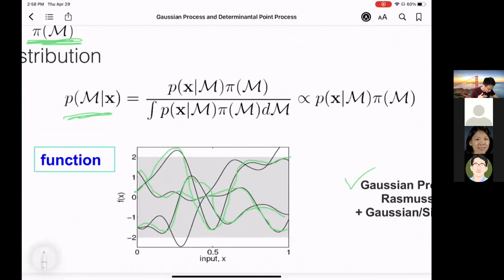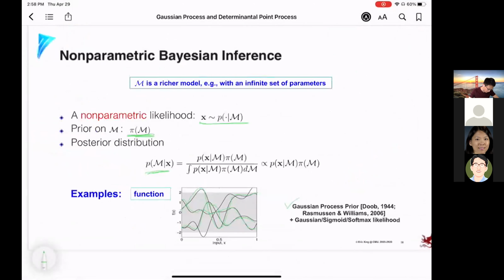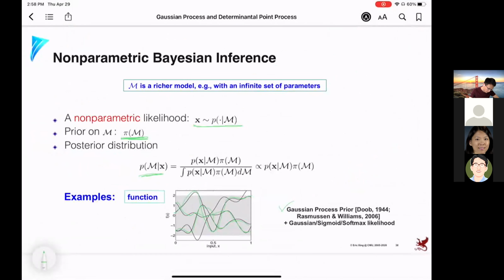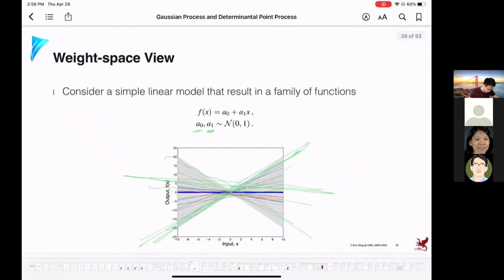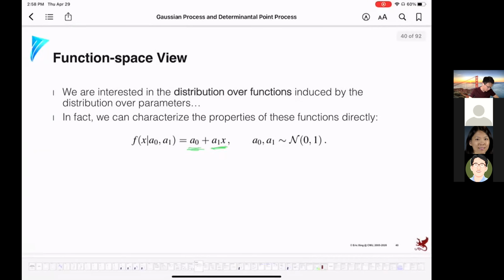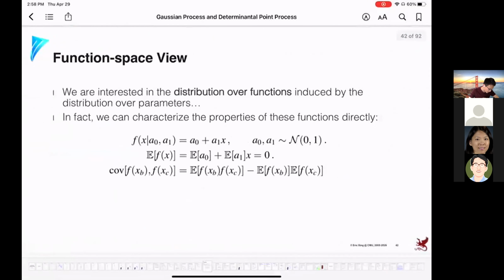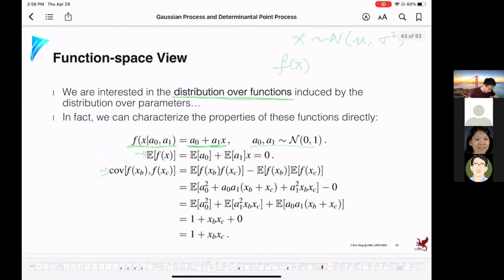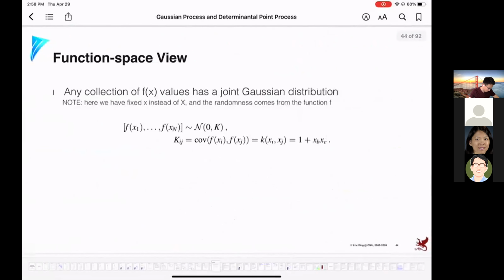But at the end, this is a distribution over all of these functions, and all of these samples can be drawn from it. This is the big difference between the so-called function space view and the parameter space view. In this case, the function f(x) can be characterized using the mean and the covariance.